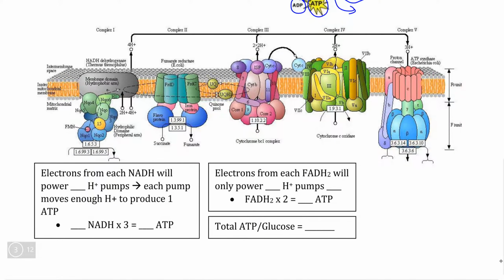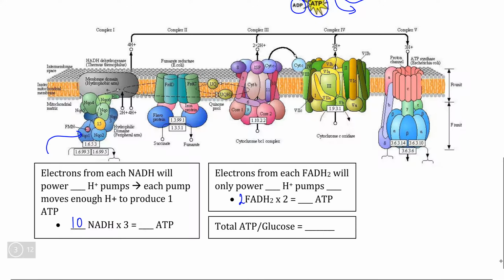Which brings us to how exactly we measure the amount of ATP that is produced per NADH molecule. Firstly, let's remember that we have 10 NADH molecules per glucose and 2 FADH2 molecules per glucose, and this is our starting point.